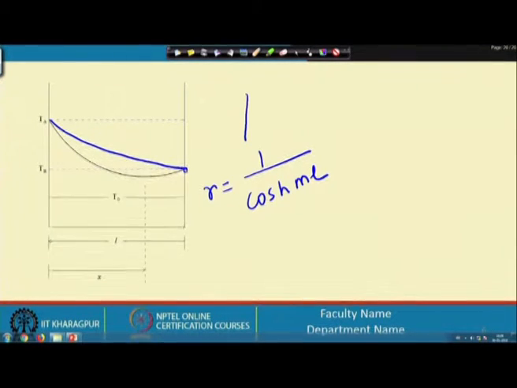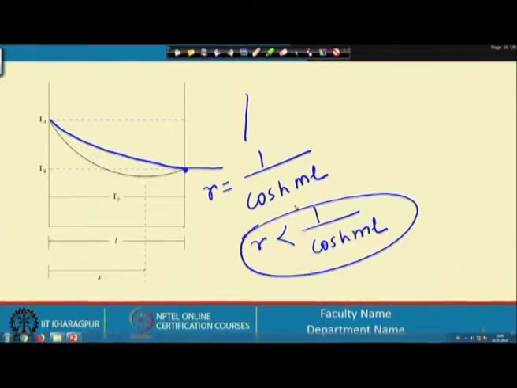And for values of r less than 1 by cos hyperbolic mL, you will find that this is going beyond the physical boundary of the fin.